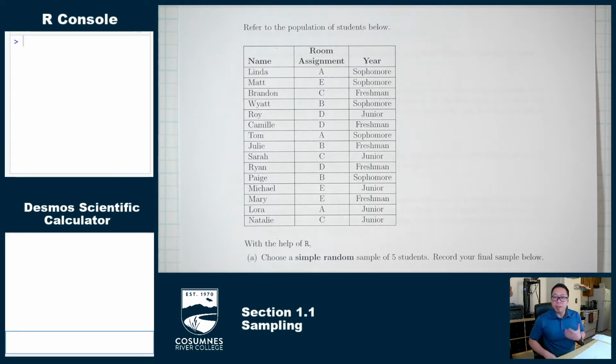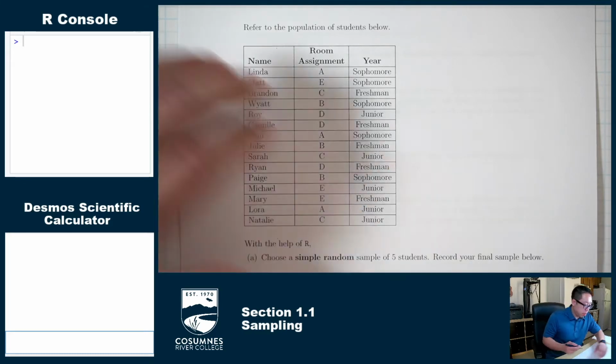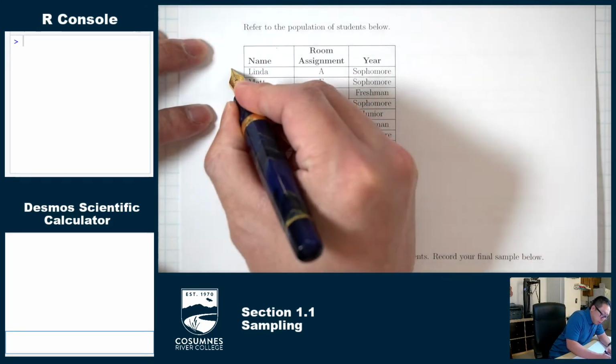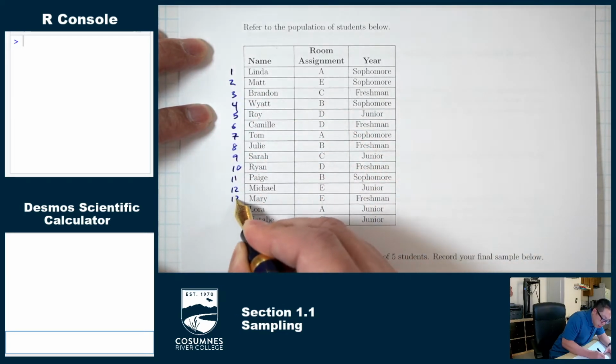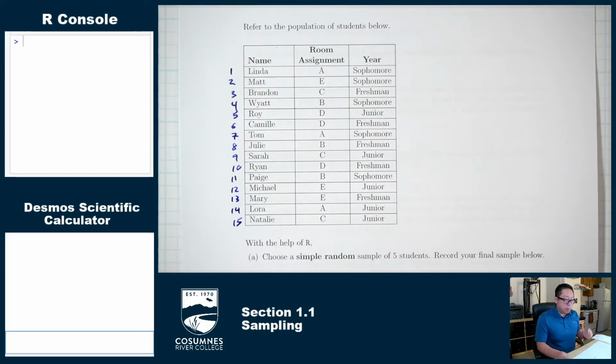These days, with the help of a computer, the way you usually would do a simple random sample is this. I'm going to number everybody in the population. So 1, 2. Okay, I have my population numbered, 1 to 15. And then I'm going to use a computer to help me choose 5 random numbers between 1 and 15.